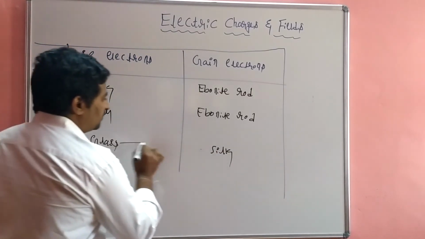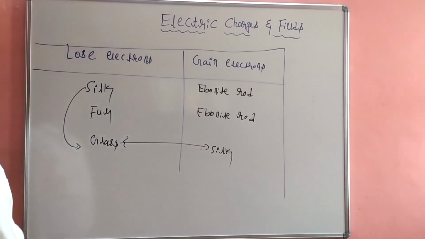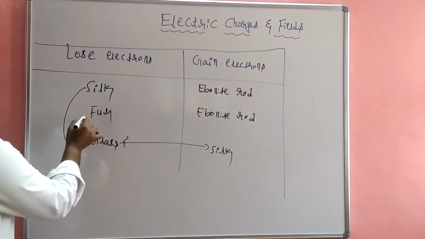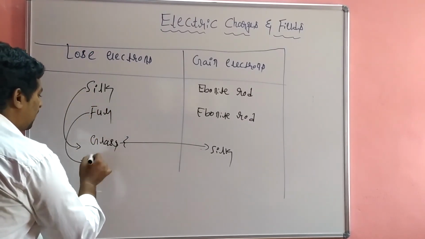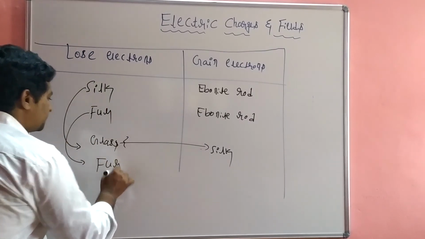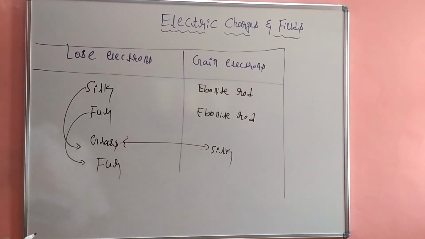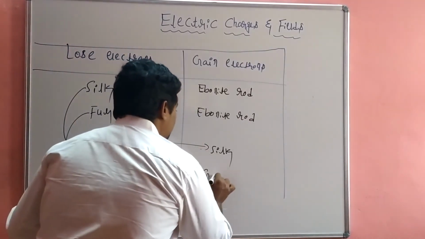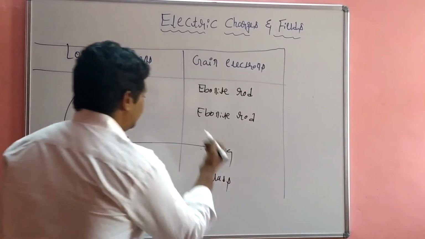When fur is rubbed with the glass rod, the fur loses electrons and the glass gains electrons.